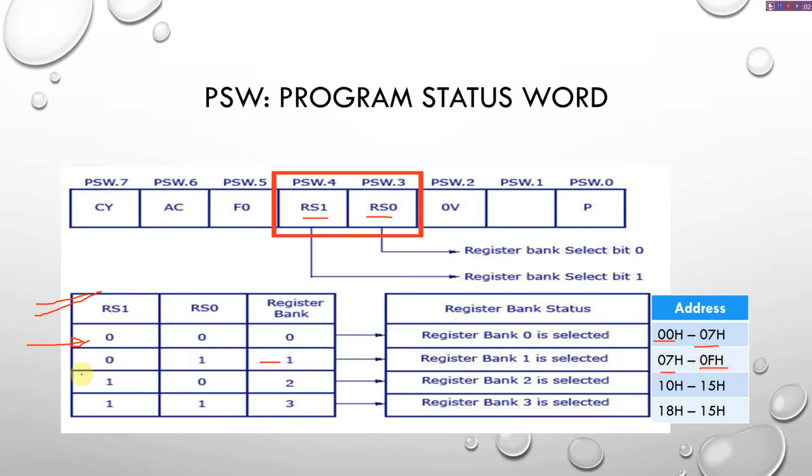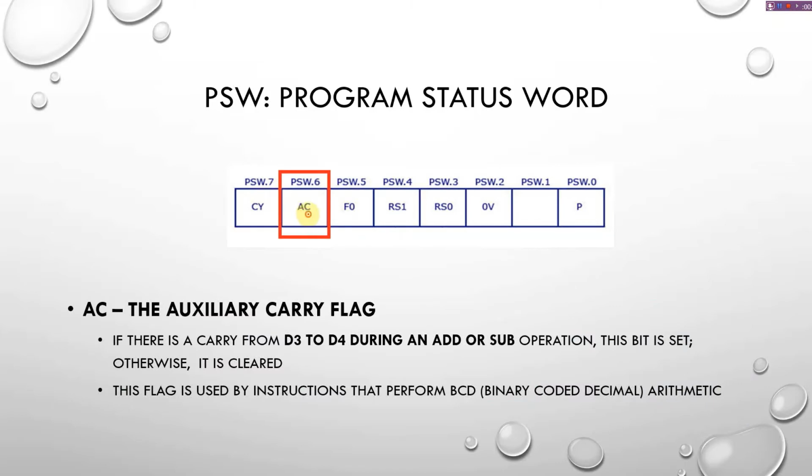Similarly, 10 in the RS bits will select register bank 2 with the range from 10 to 17, and finally 11 will take you to register bank 3, which is from 18 to 1F in the 8051 memory.